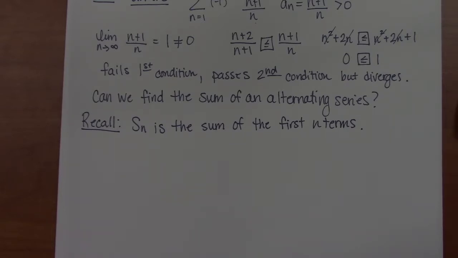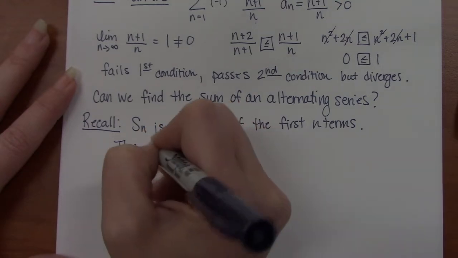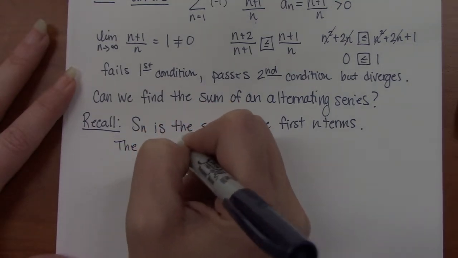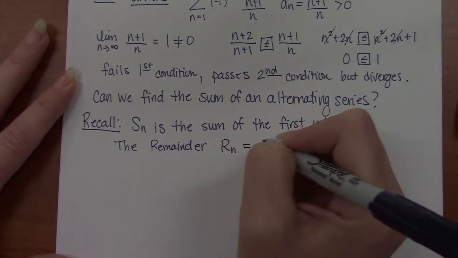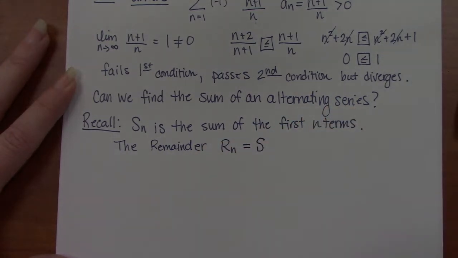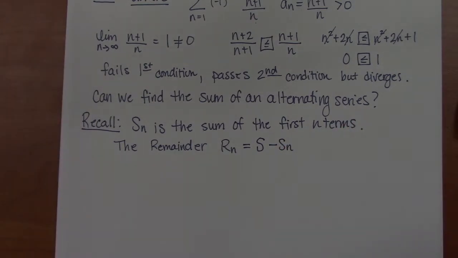So the remainder of the series, if you only sum up n of them, then everything you didn't sum up, that's still going to infinity, that's just what's left over, and that's what the remainder is, right? So the remainder at that value n is simply the total sum of the whole series minus the partial sum that you came up with.